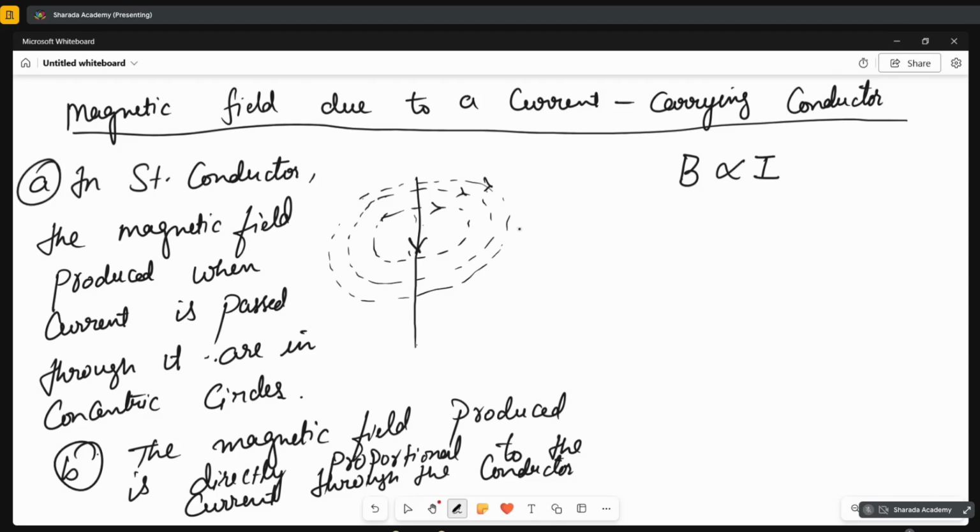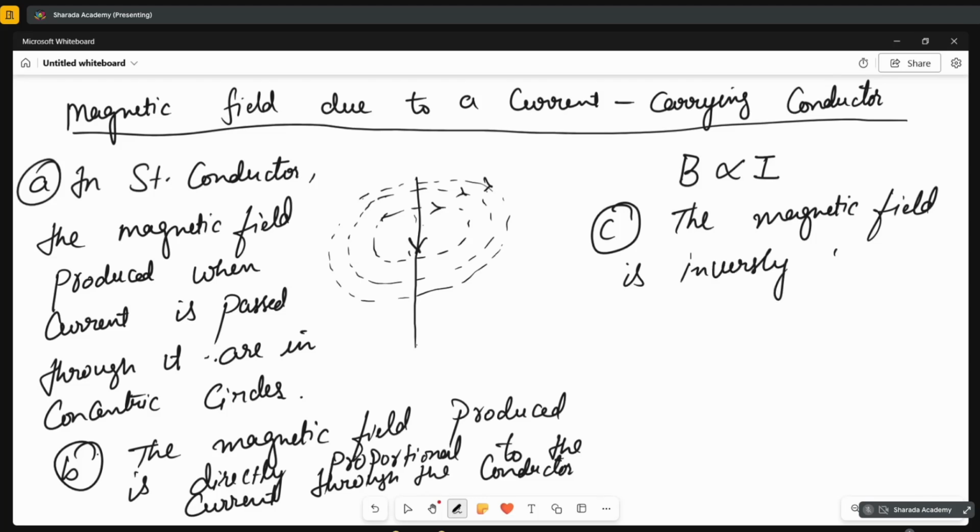Okay. Next point. The magnetic field is inversely proportional. B means magnetic field.